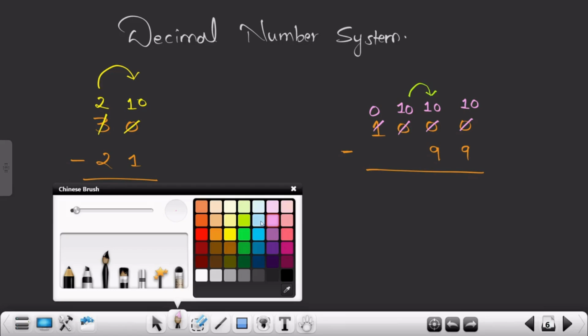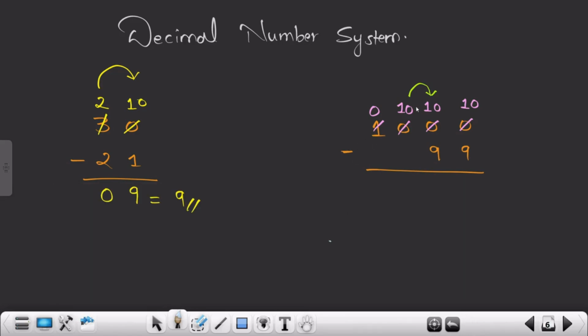See, I'm repeating this concept again. What exactly happened in this scenario was, this digit was 1, but this 0 was dependent on this 1. So it is going to borrow one from this digit, so it became 10, right?